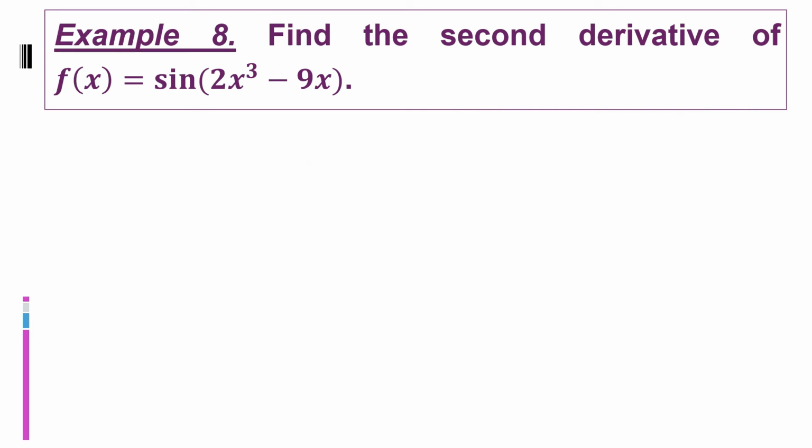Example number 8. Find the second derivative of f of x equals sine of 2x cubed minus 9x. So our u here is 2x cubed minus 9x and our f of u is sine u.